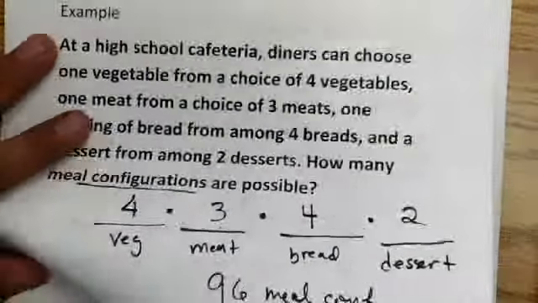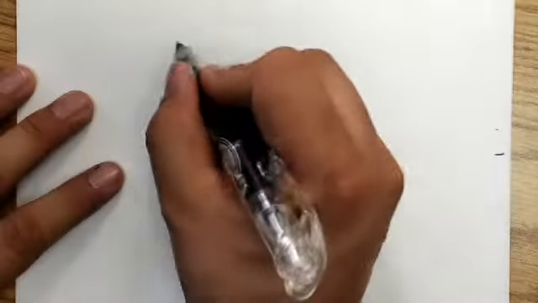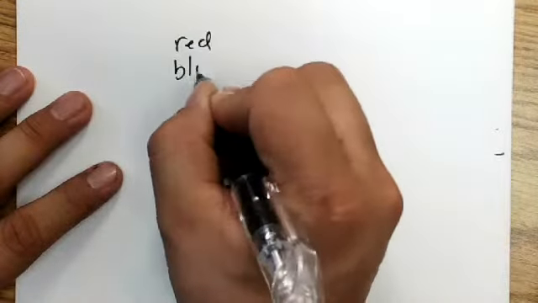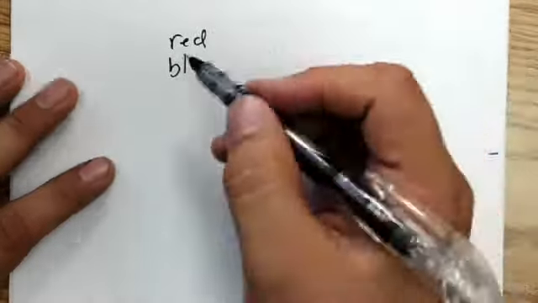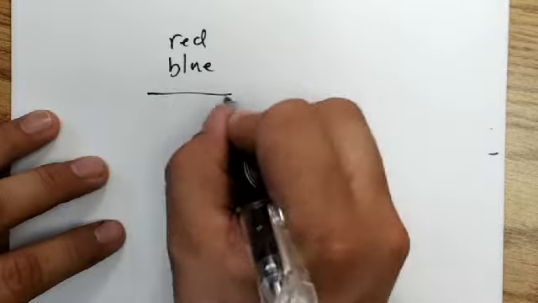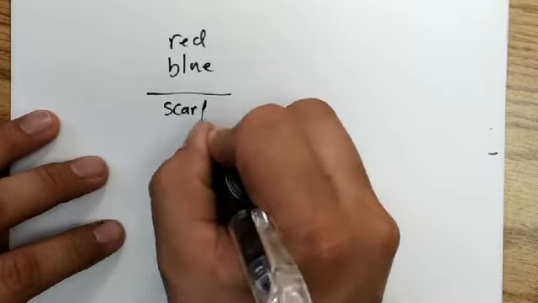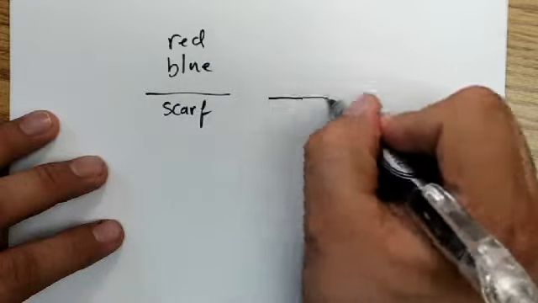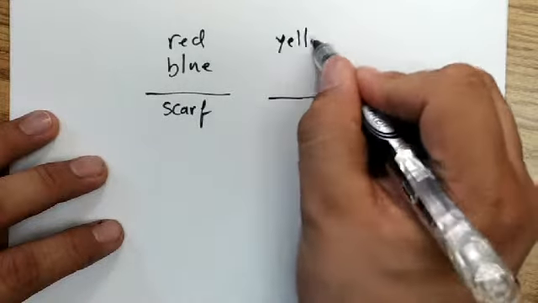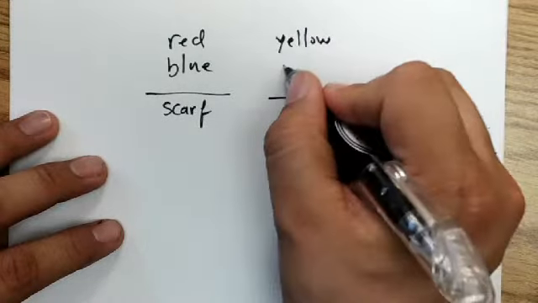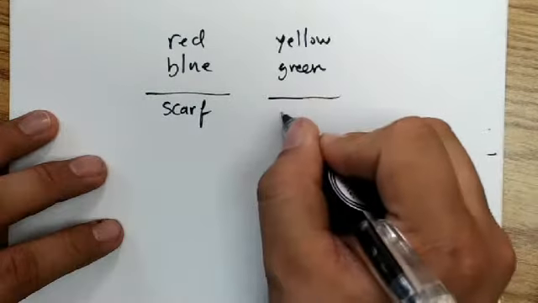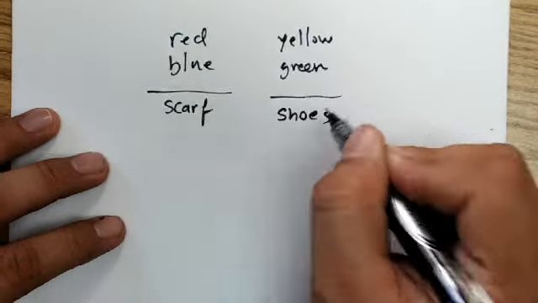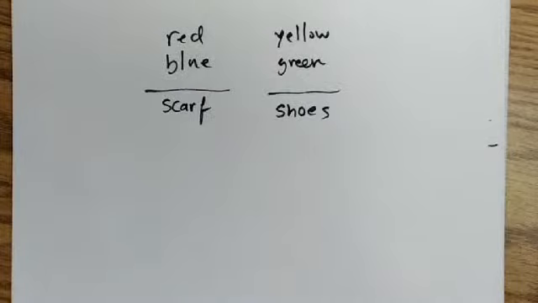See, in essence, what you're doing is like saying you have 2 colors, red and blue, and let's say you have a scarf. You either have a red scarf or a blue scarf. And then shoes. You have yellow and, let's say, green. And we want to know how many different configurations.